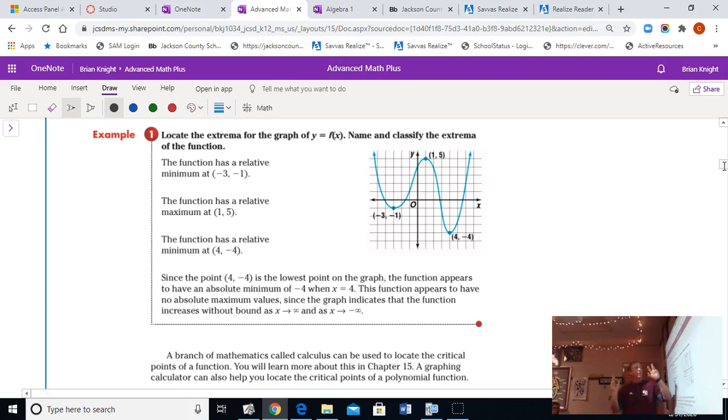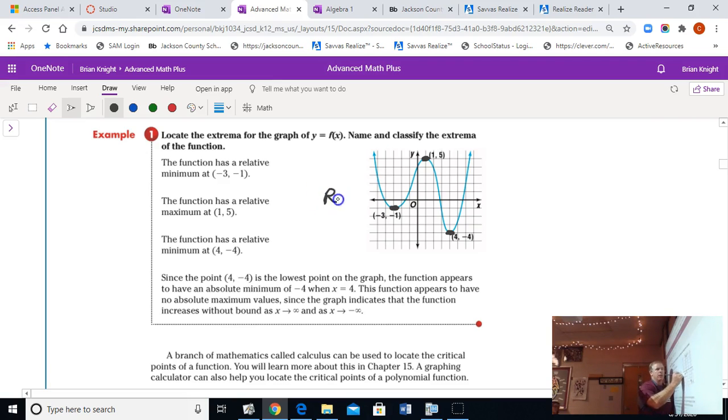So here, how many extrema do we have? 3. One there, and one there. Everybody see them? Okay. -3, -1. What class is that? Is it a maximum or minimum? It's a minimum, and is it absolute or relative?